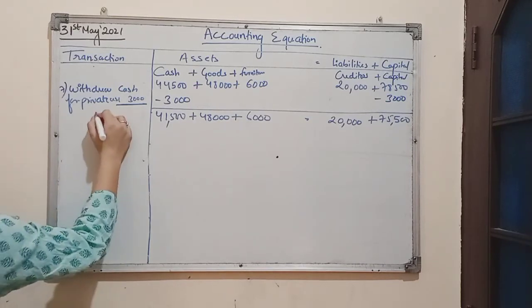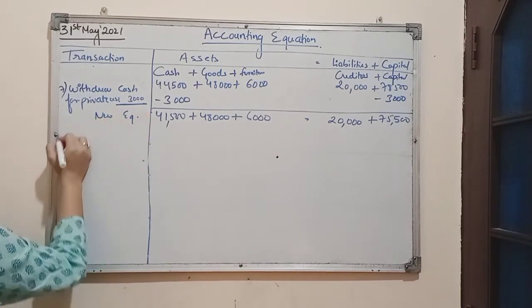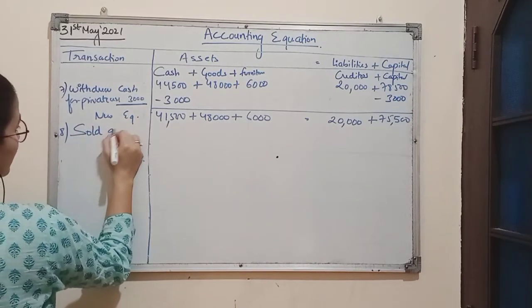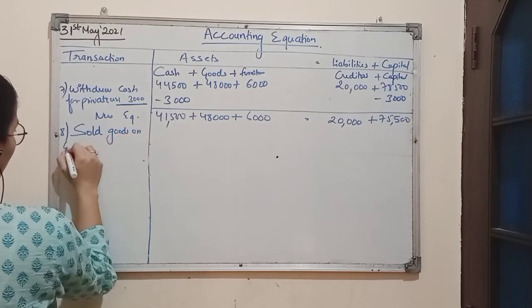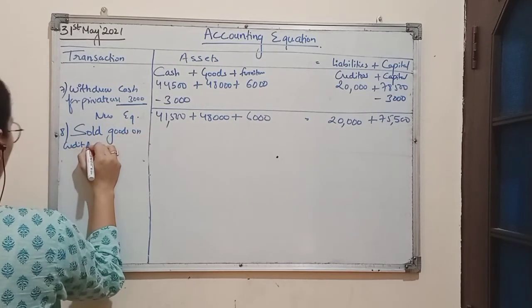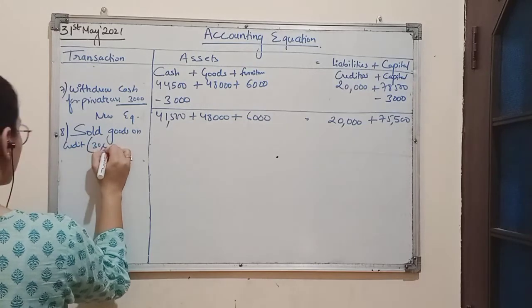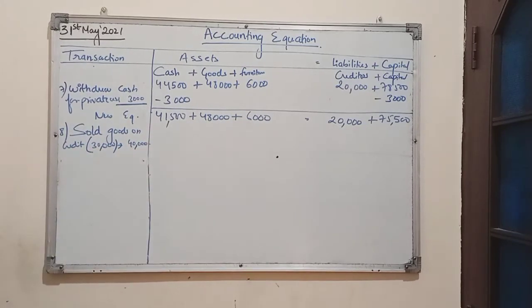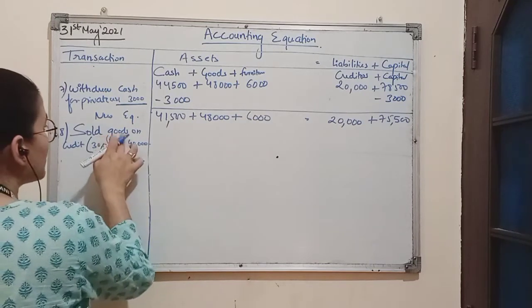Now this was a new equation. Now the eighth transaction is sold goods on credit. Cost price of goods is 30,000 and it is sold for 40,000.